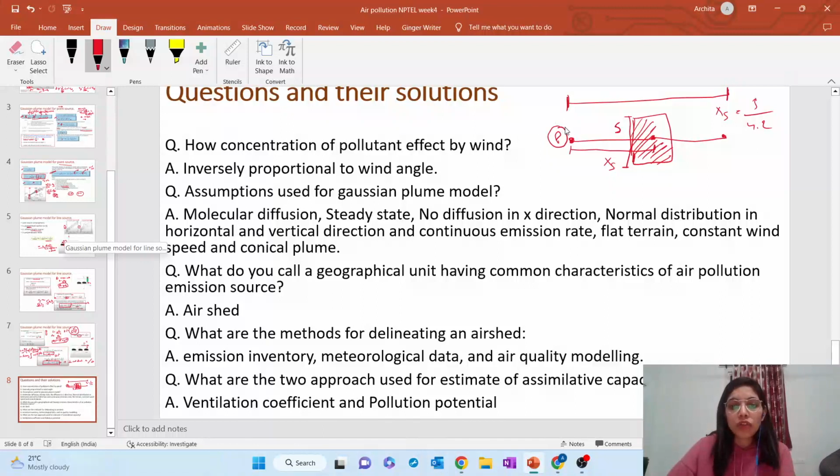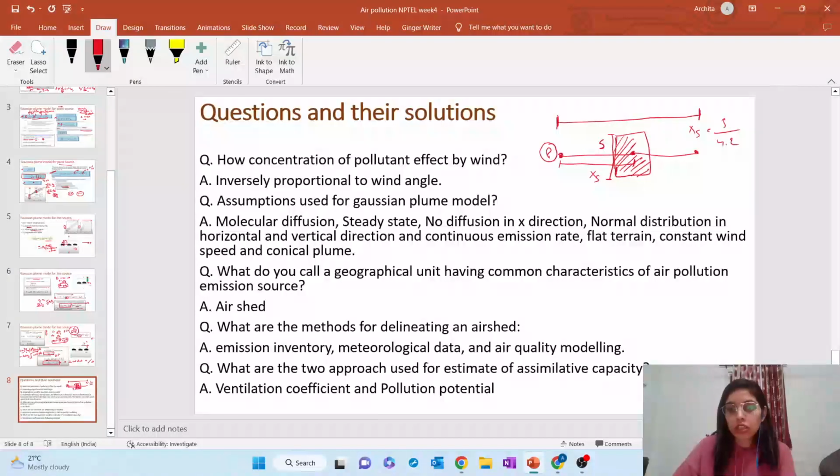And now there are a few questions that we can address, which are also related to the lecture of week 4. So first is, how is the concentration of pollutant affected by the wind?